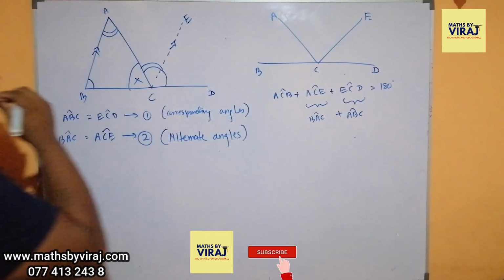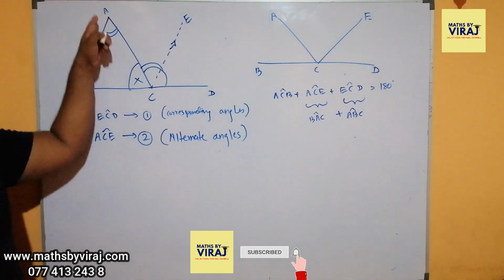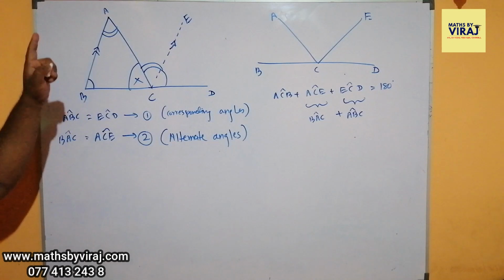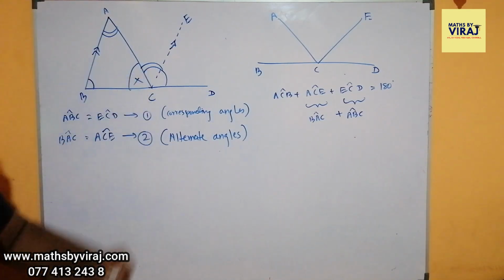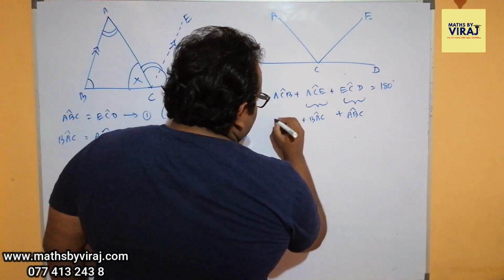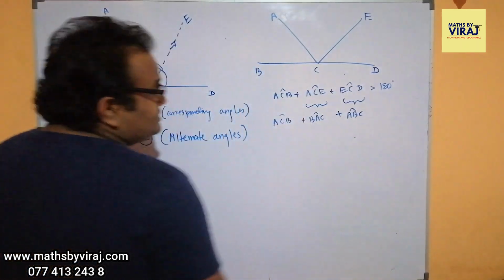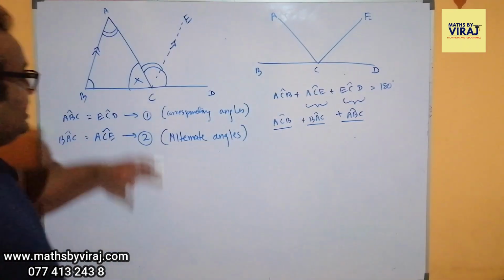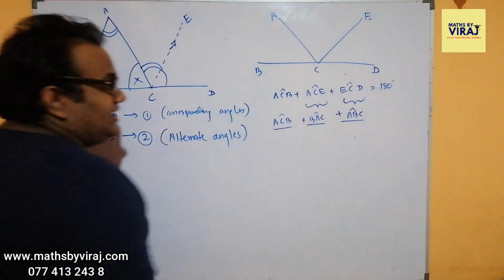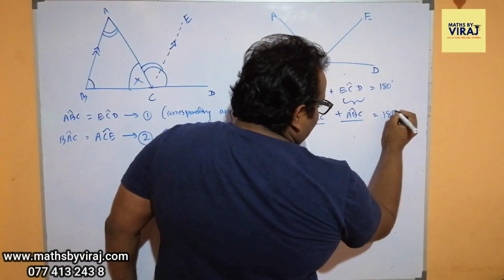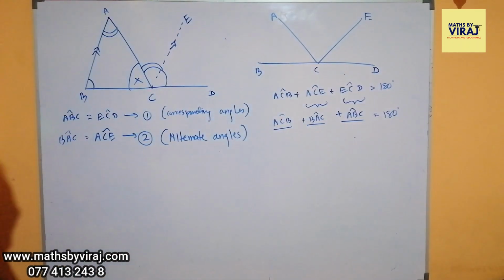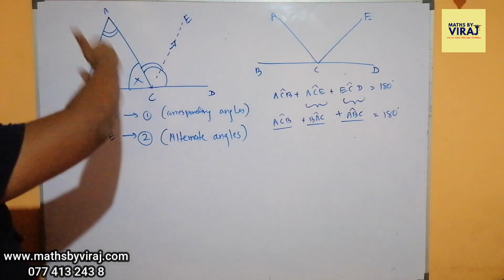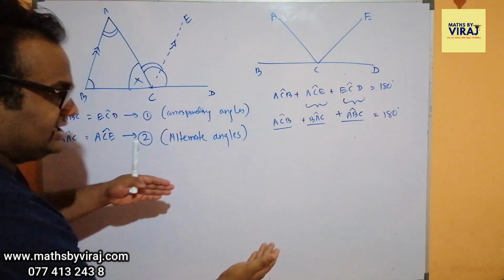Now, the angle ACB, you can see that this is common for the triangle ABC as well as the straight line. So we can write it as ACB. Now you see that these are the angles which are inside the triangle. So they add up to 180. So what I have done is I have converted all the angles to some other angles.